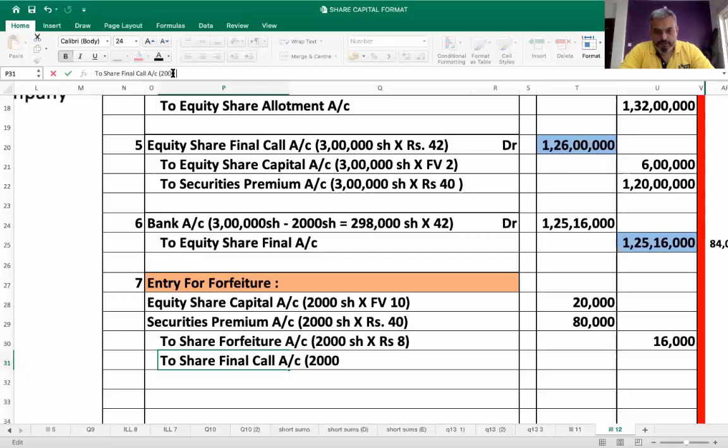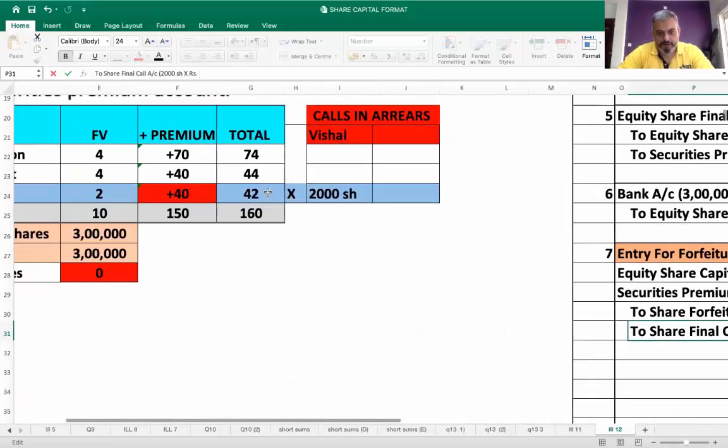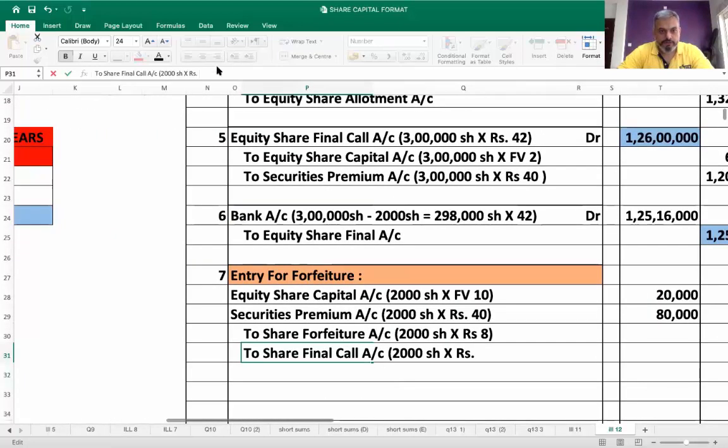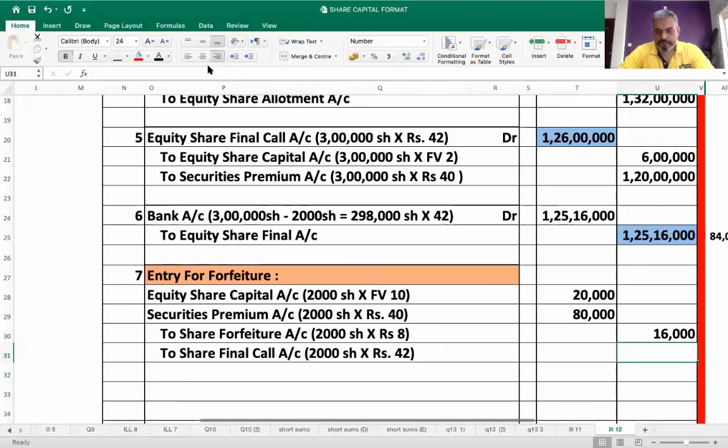So 2000 shares into rupees. Now for final call we did not receive rupees 42. So into rupees 42. So 2000 into 42 is 84,000. So now cross verify 1 lakh, 1 lakh.